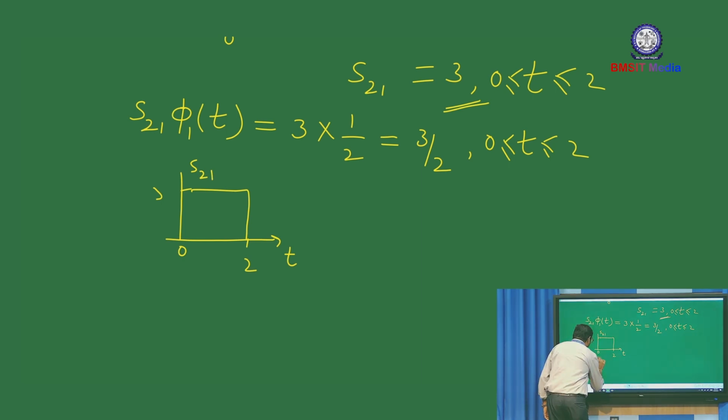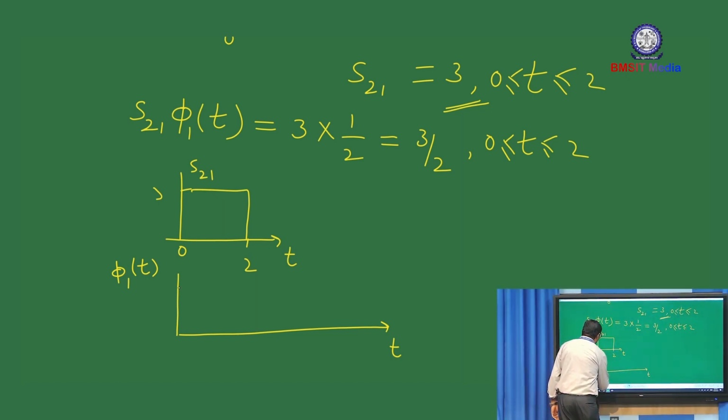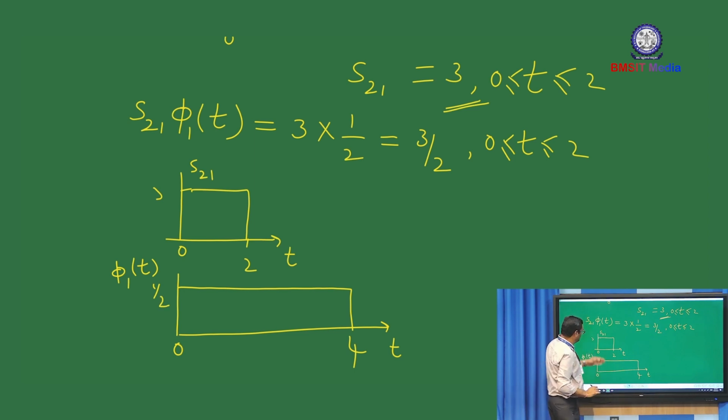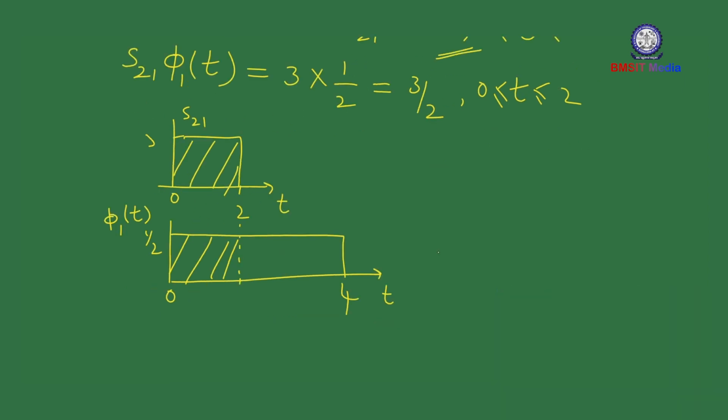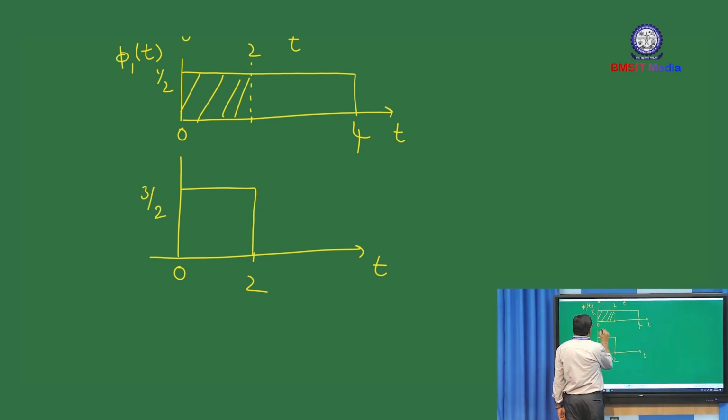And the value of pi 1 of t will be 1 by 2 for the interval 0 to 4. So if I multiply these two, this portion is only common. Right? The rest of the things is 0. So I can get 3 by 2 as the product of S21 pi 1 of t.